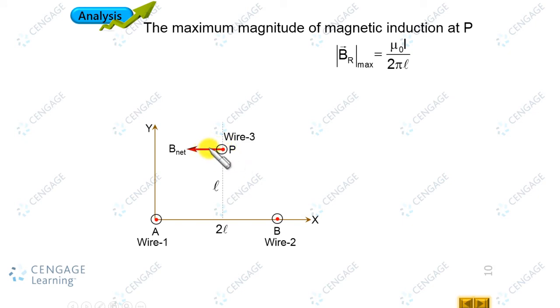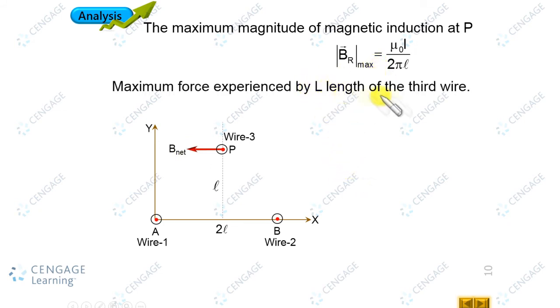And for the maximum force, this magnetic field should be maximum. So let us find the maximum force experienced by L length of the wire. This is B maximum IL in Newton, right? We can rearrange this because we need to calculate the force experienced by unit length. So we need to divide this force by the length of the wire.